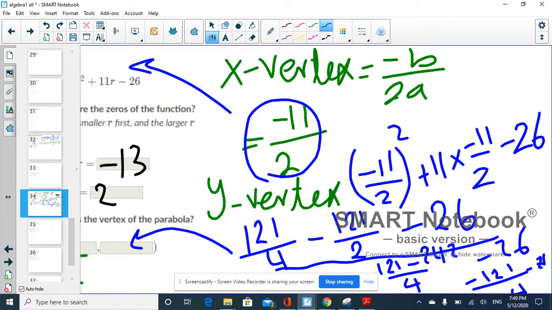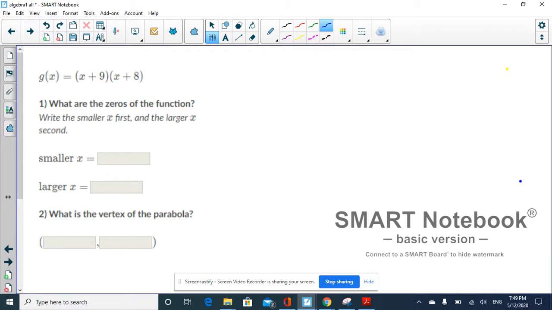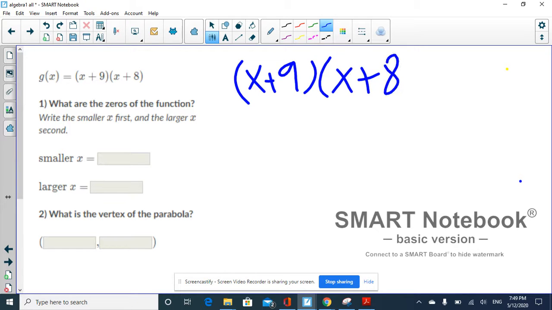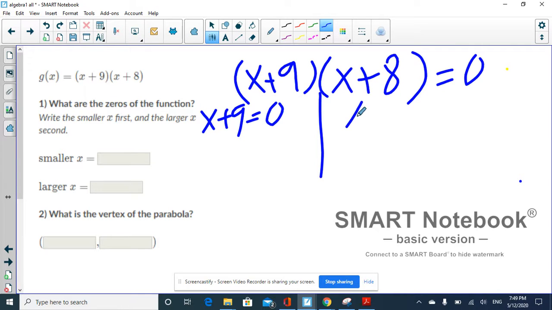Okay, another one. This one is ready to solve. X plus 9 times x plus 8. We want to solve it. That means we have to make it equal to 0. X plus 9 equals 0. And x plus 8 equals 0.